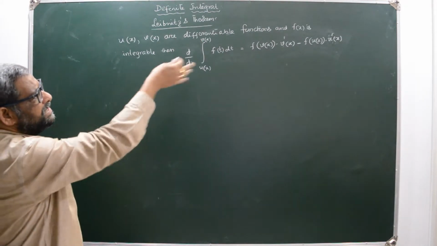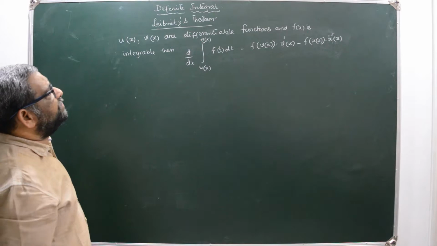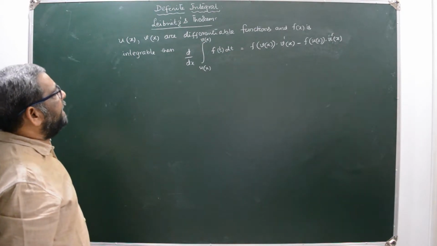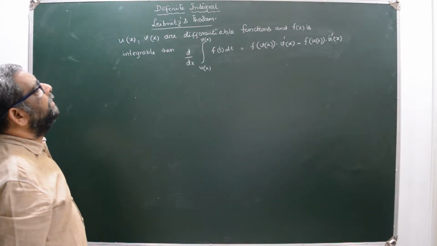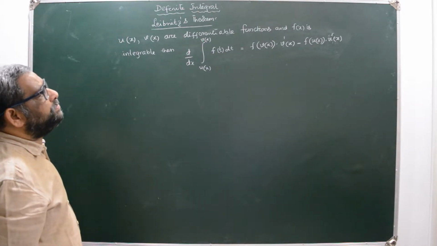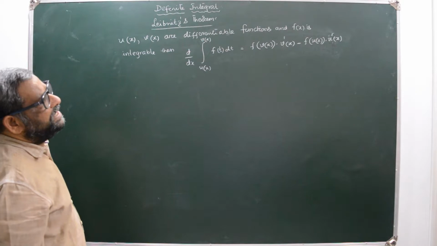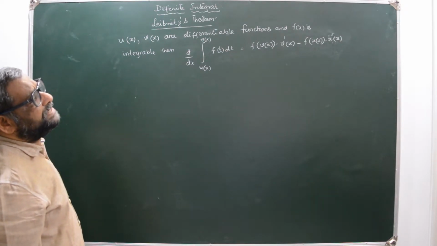There are several formulas; this is one of the formulae. So u(x) and v(x) are two differentiable functions and f(x) is integrable. Then d by dx of the integral from u(x) to v(x) of f(t) dt is equal to f(v(x)) into v'(x) minus f(u(x)) into u'(x).